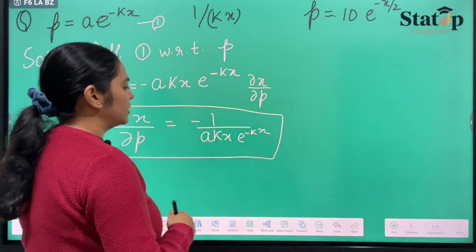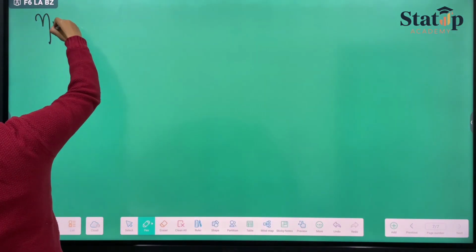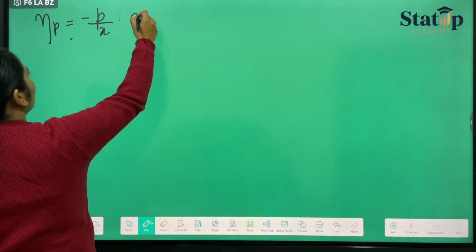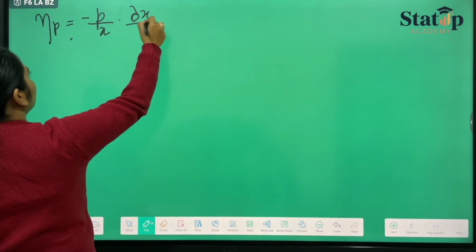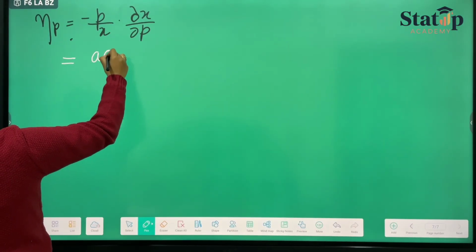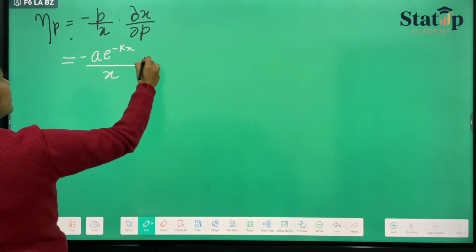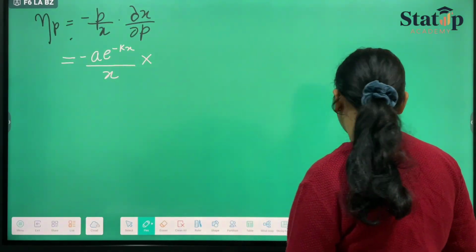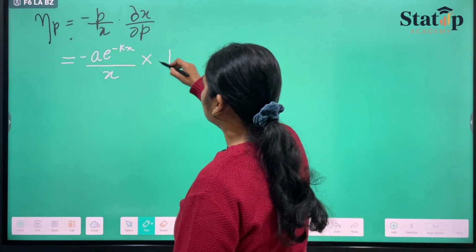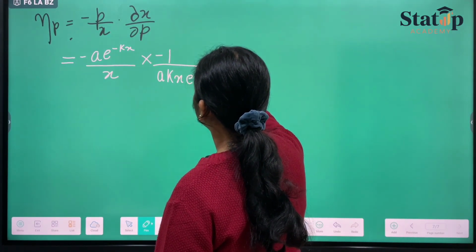Now we have to put this in the formula. Eta p can be written as minus p upon x into delta x upon delta p. Now p is given as a into e raised to the power minus kx upon x, into delta x upon delta p, which is minus 1 upon a k e raised to the power minus kx.